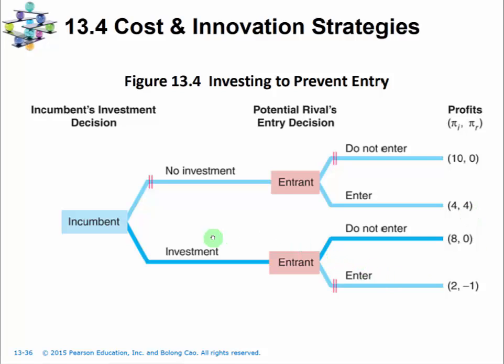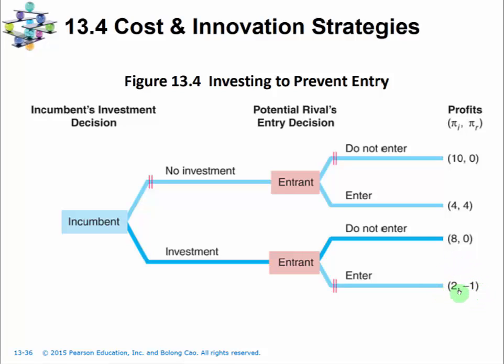On the other hand, if the incumbent has the robots on the assembly lines, after the entrant enters into this market, the incumbent has the capacity to produce a large quantity to flood the market and lower the market price so much that, instead of making 4, the entrant can only make -1, just lose 1.